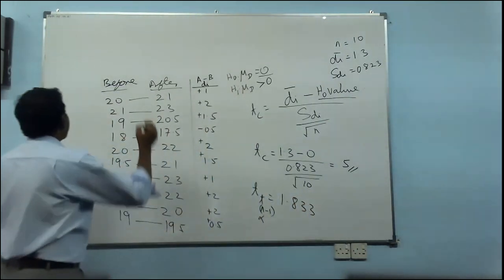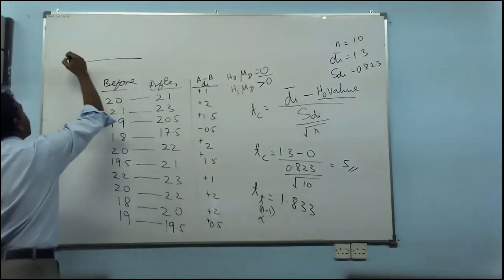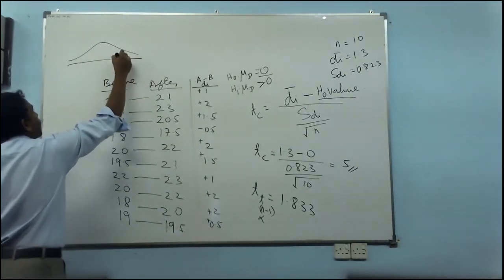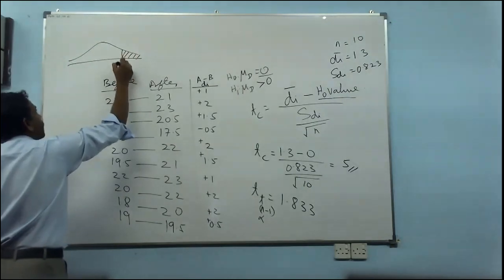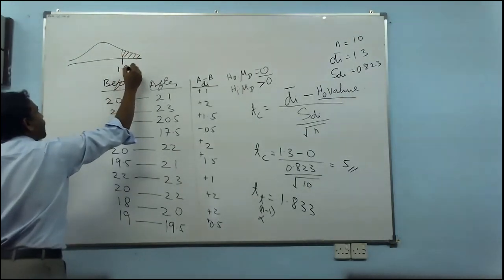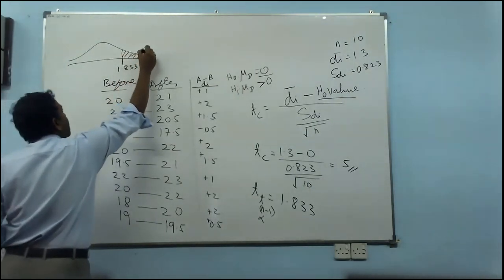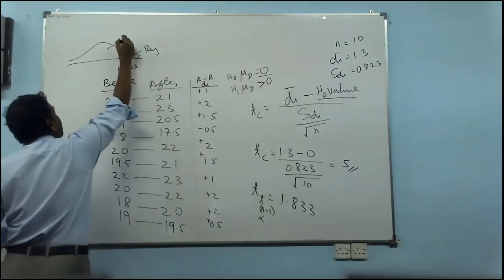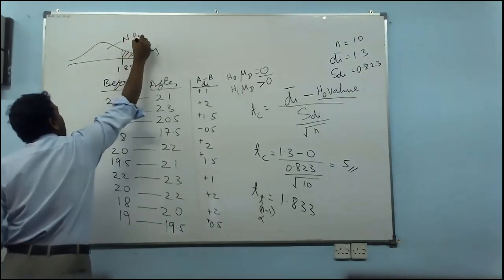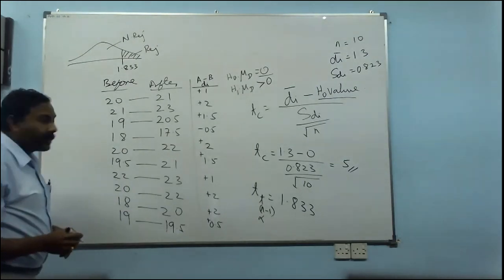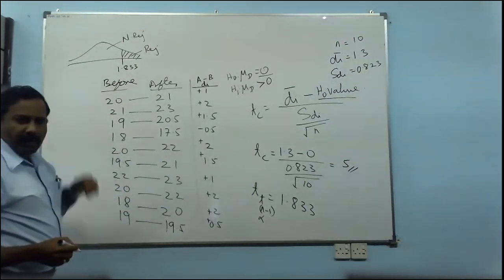If you look at the T distribution, we are talking about the right side. This value is 1.833. This is the rejecting region and that is the non-rejecting region. So what is our conclusion?